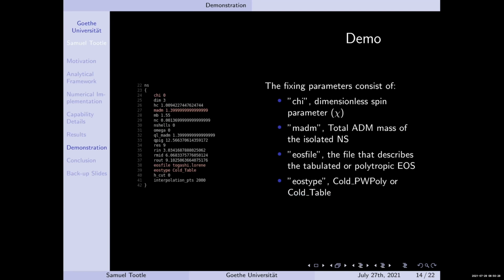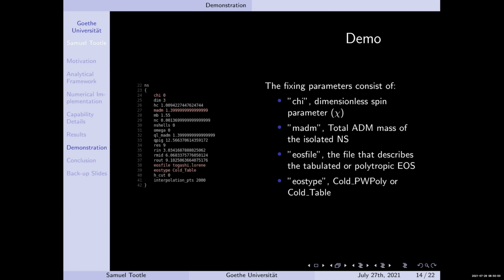You can look this up in the README, but for today we're just doing the ADM mass, since especially in things like LIGO and all the astrophysical observations, everyone's talking about the total mass of the system, which is always the ADM mass of the constituent in isolation. So that's why we solve everything by default with the ADM mass.